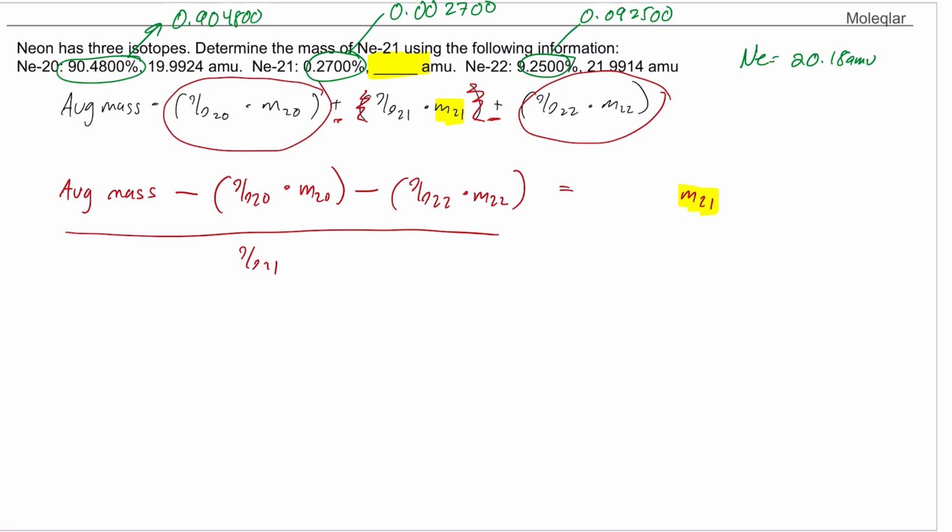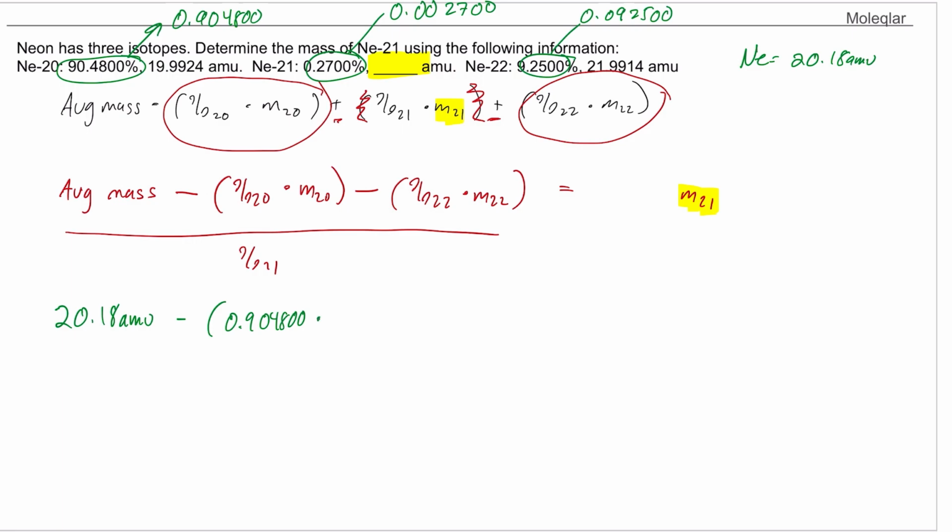Next, we have everything that we need. Let's start putting everything into here. Our average mass will be 20.18 AMU minus. So our percentage of 20 is 0.904800. Excuse me, not AMU, just a percentage.